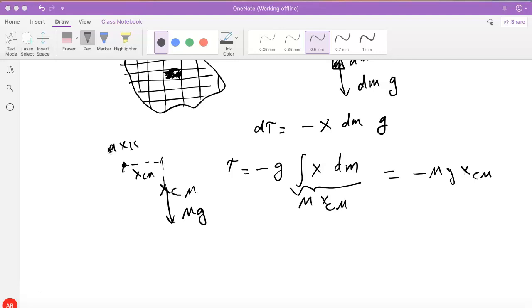So we've been talking about how torque describes qualitatively the effectiveness of forces in causing rotational motion. But there's actually a very explicit equation.